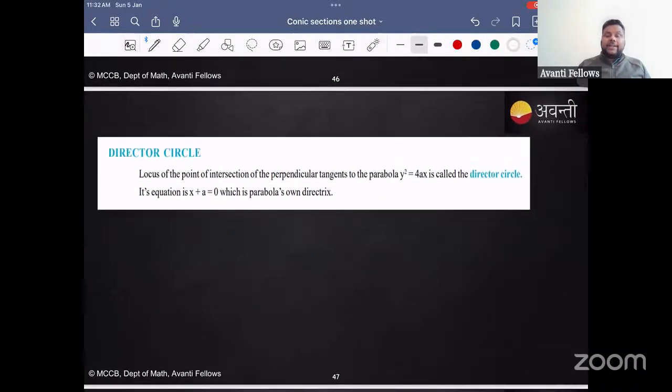Now, what is a director circle? Basically, director circle is the locus of a point from which two perpendicular tangents can be drawn to the conic.